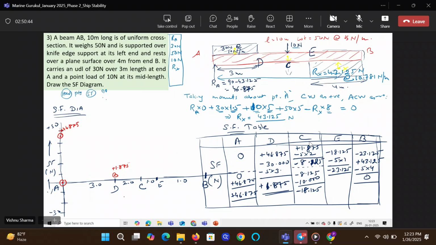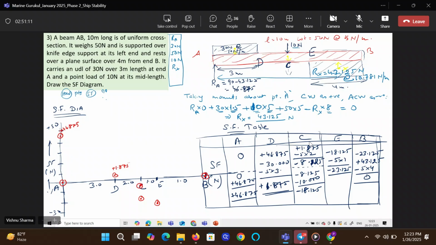Then we'll go to minus 8.7125. Then we'll come to minus 18. Then we'll go to minus 23. Then we'll go to 0.